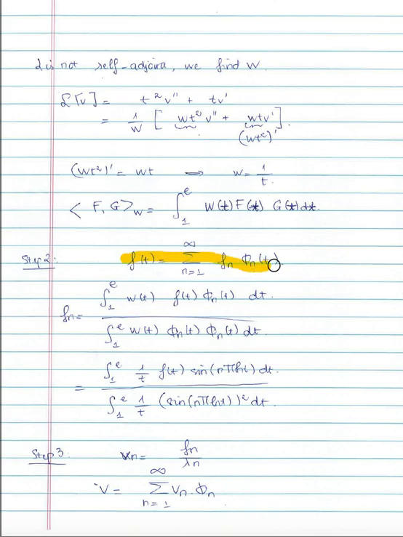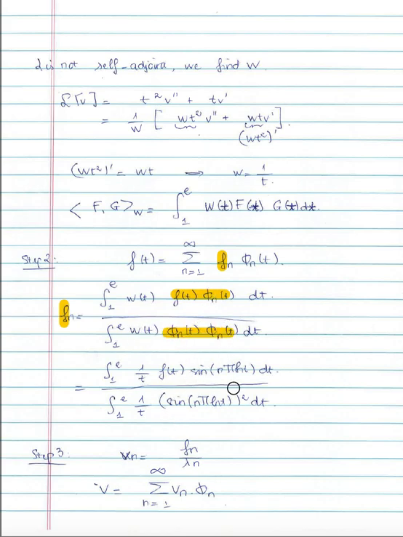You expand f in terms of the new eigenfunction. So the coefficient fn can be computed by multiplying f and phi n in the new inner product, and then you have to multiply phi n and phi n in the new inner product, right?